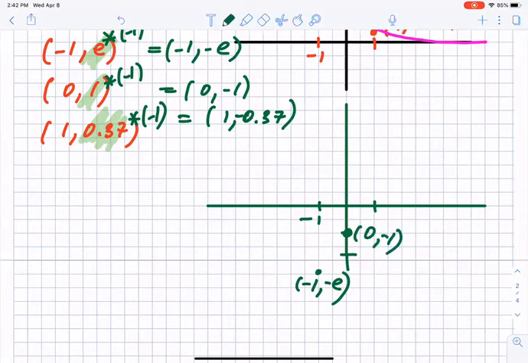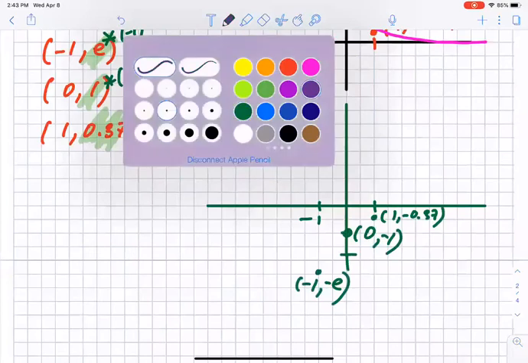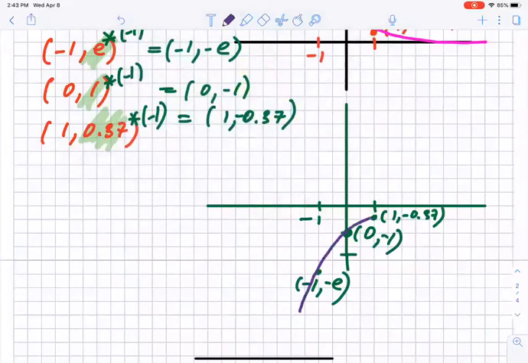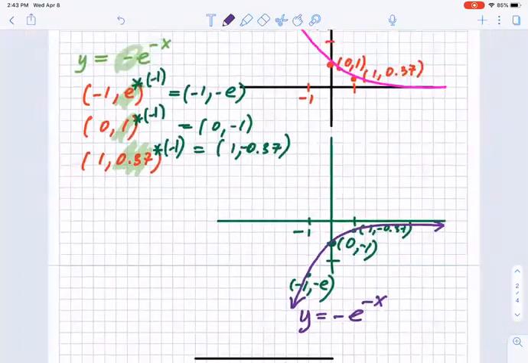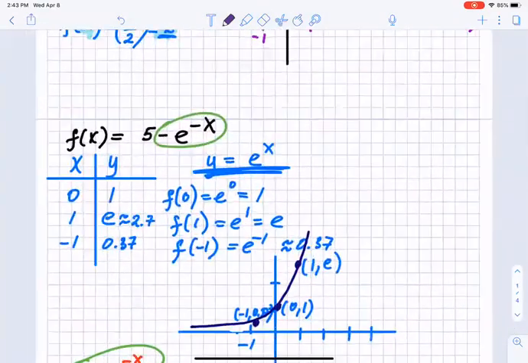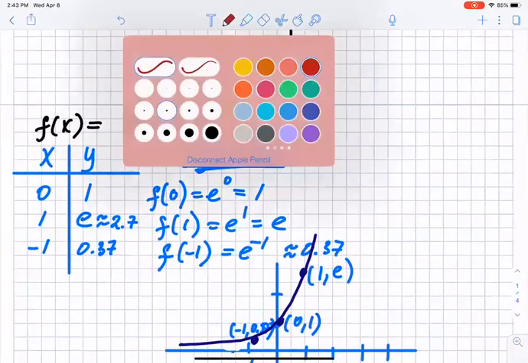And let's say 1 and -0.37 is around here. So it's going to look like this. So this is a graph of y equals minus e to the -x. Now we did this green part.